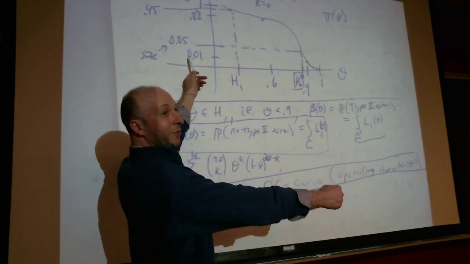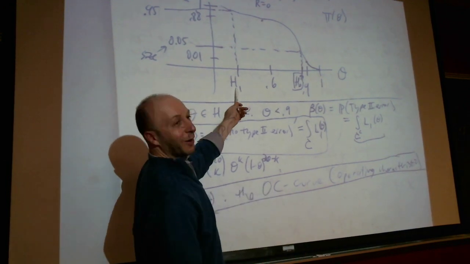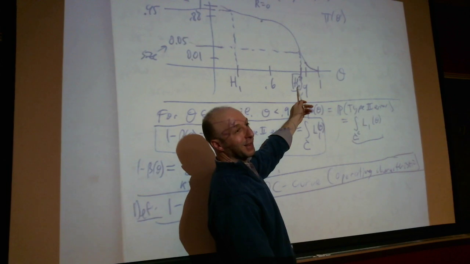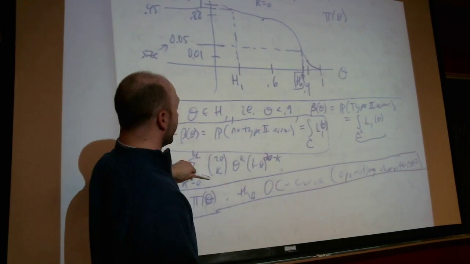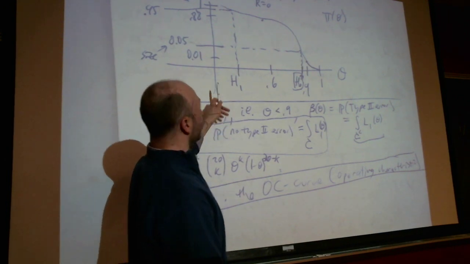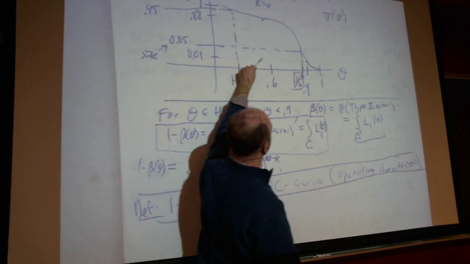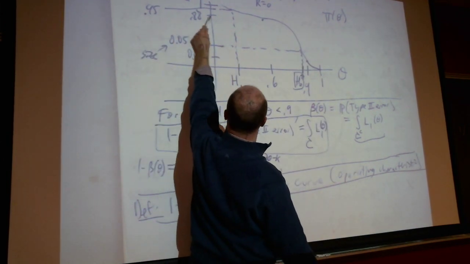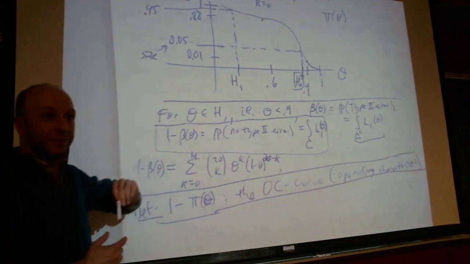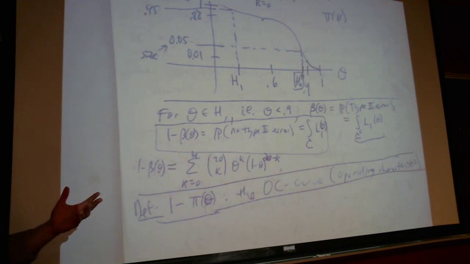You can increase n, the number of samples, or you can change what your alternative hypothesis is, or you can change what your null hypothesis is, right? So once you have this function, for a given critical region, you can adjust your null hypothesis and your alternative hypothesis if you're trying to get 5% size and 5% power. Okay? That's one thing you can read off the graph right away.